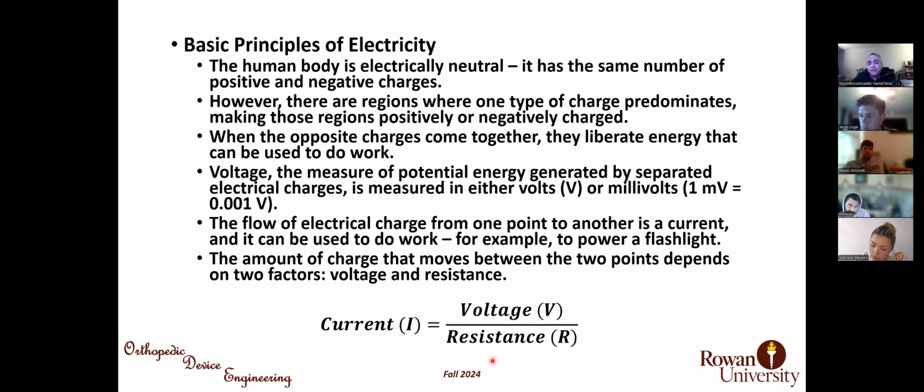The same thing happens in our body because our body is full of charges. The whole body has neutral charge, but at surfaces, there may be a difference in charges.